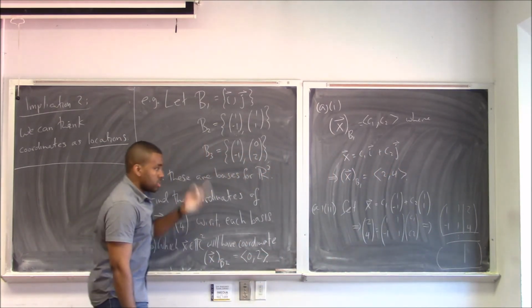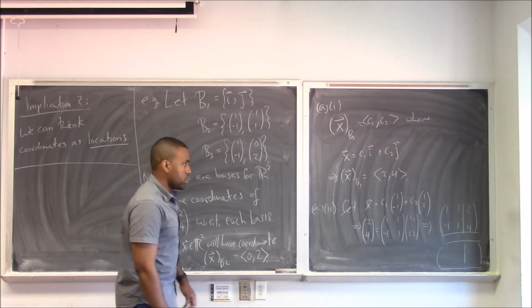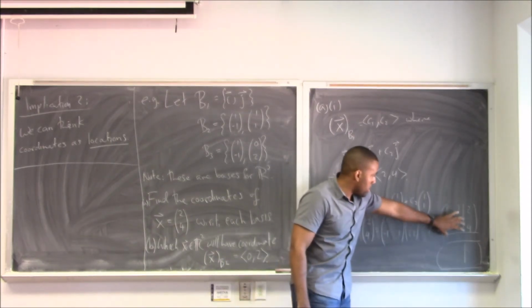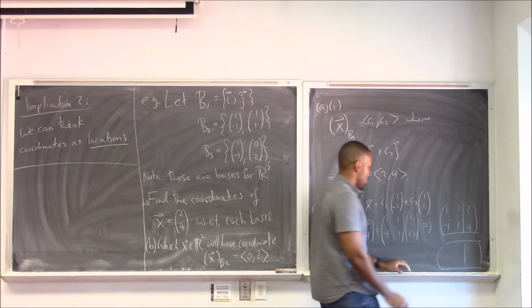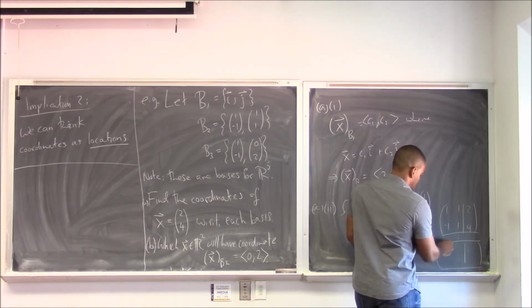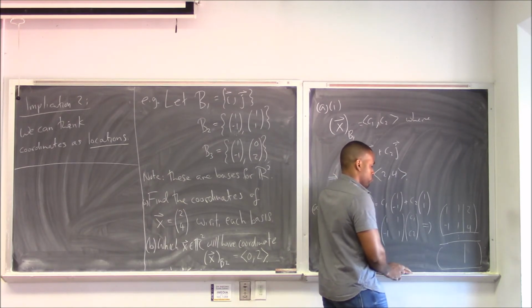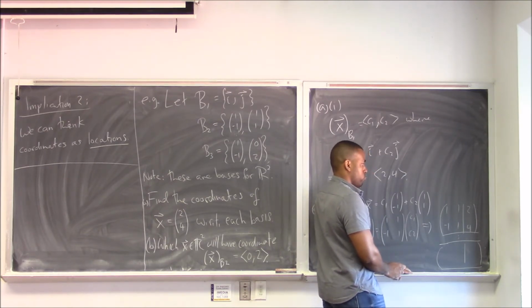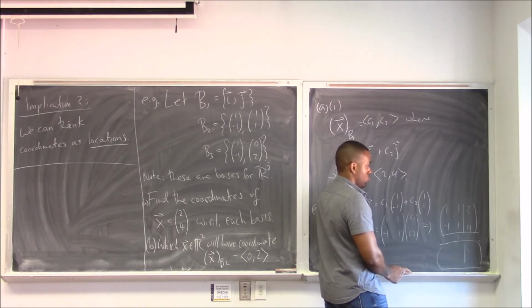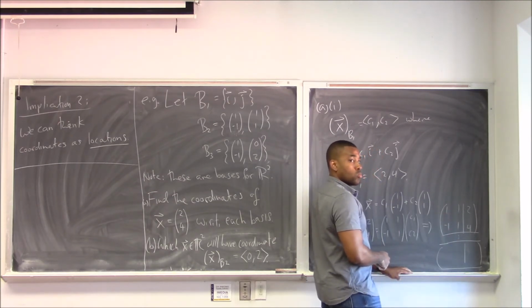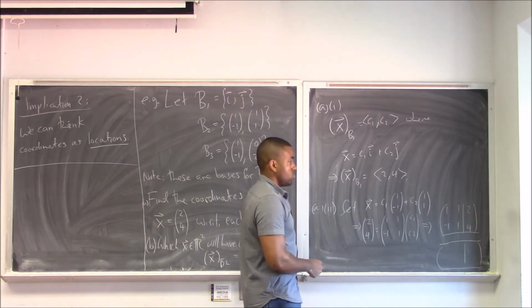Since this is a basis, we didn't verify, but I told you it's a basis. When I find the reduced echelon form of this system, this matrix reduces to what? What will be the reduced row echelon form?